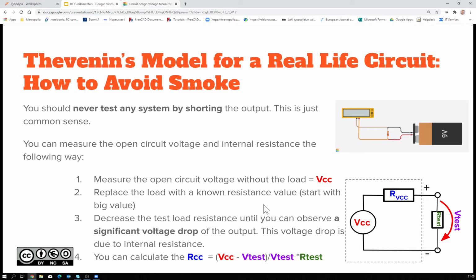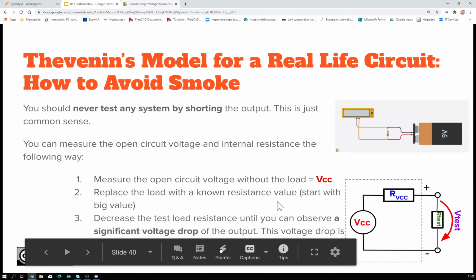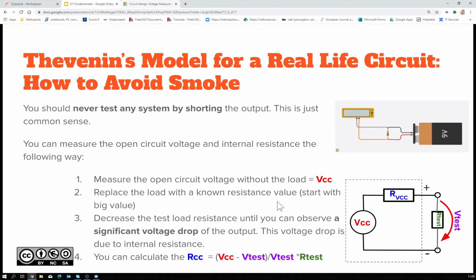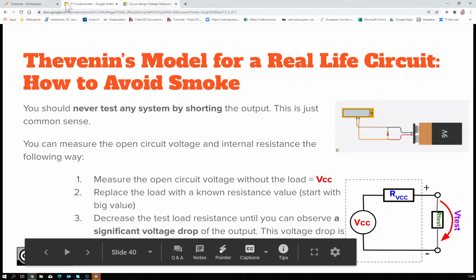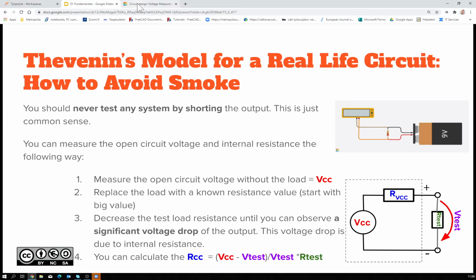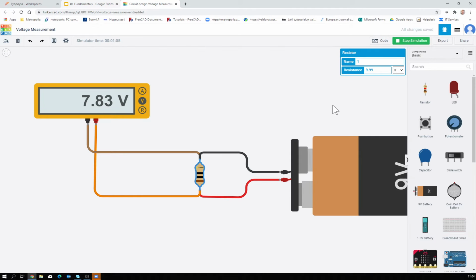V test, I equals U. That might be correct. I'm not too sure anymore. I may have a fault here, but anyways, my keyboard is messed up, so I cannot check it. Anyways, you can actually calculate.